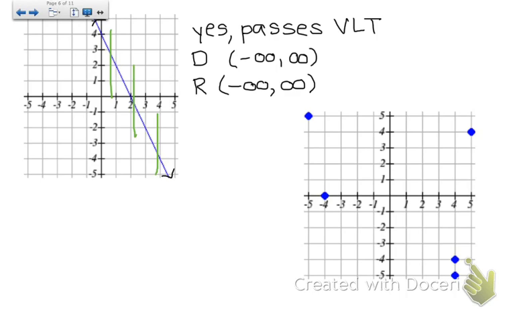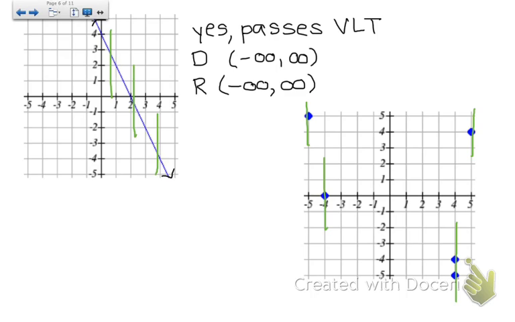Now the last graph I have to show you here is just a set of points. It's just graphed on the coordinate grid for us. There are places where I can draw vertical lines and it will only pass through one point. But notice this set of points down here on the bottom. As soon as I draw a vertical line there, that vertical line passes through my graph twice. That x value got two different y values.